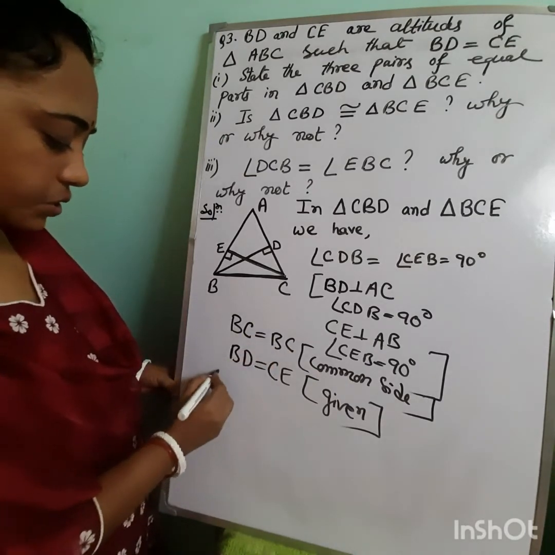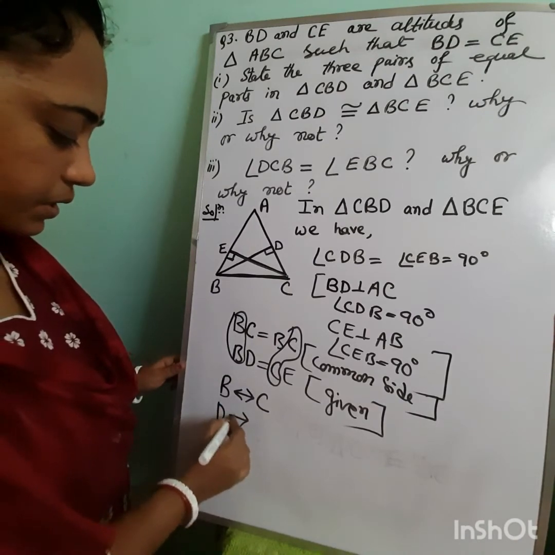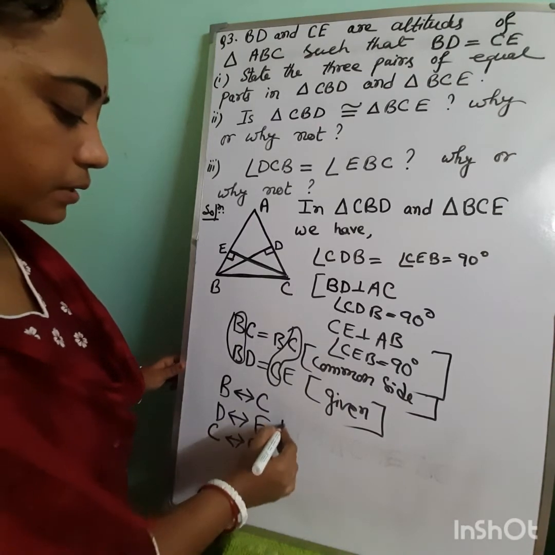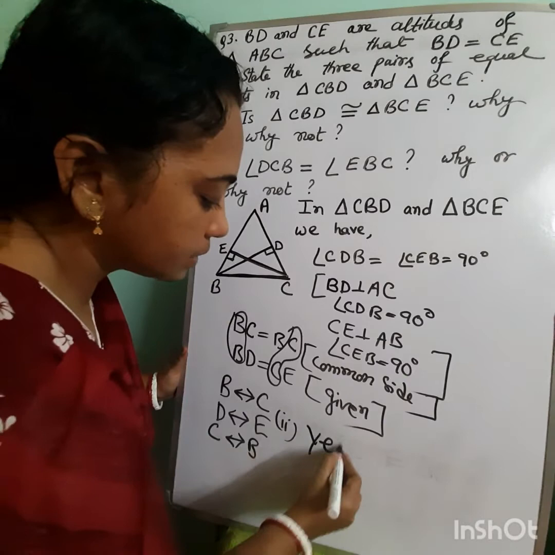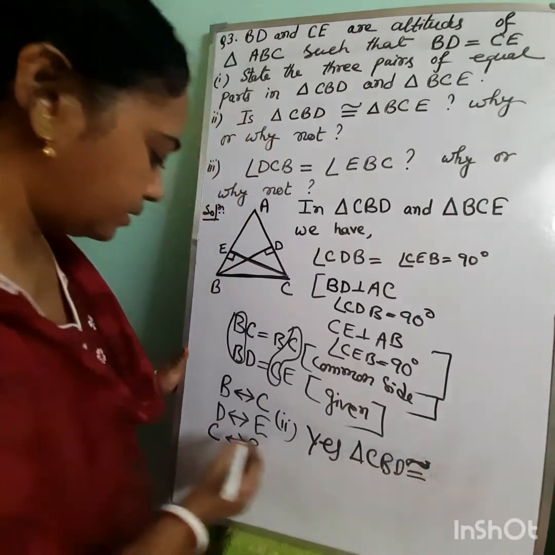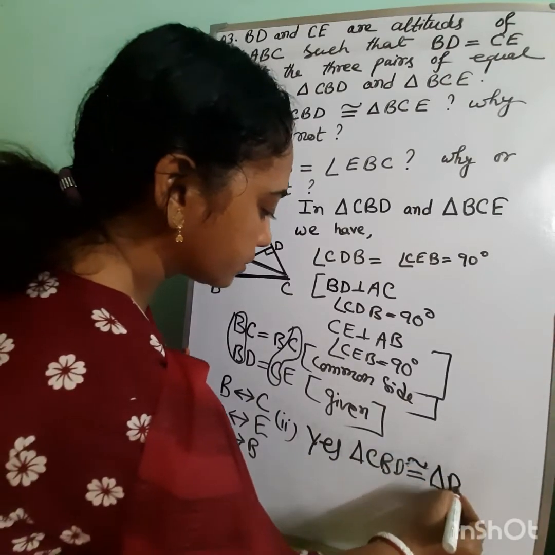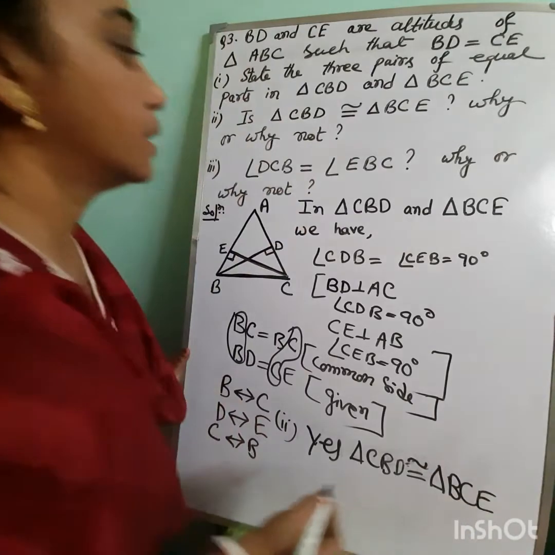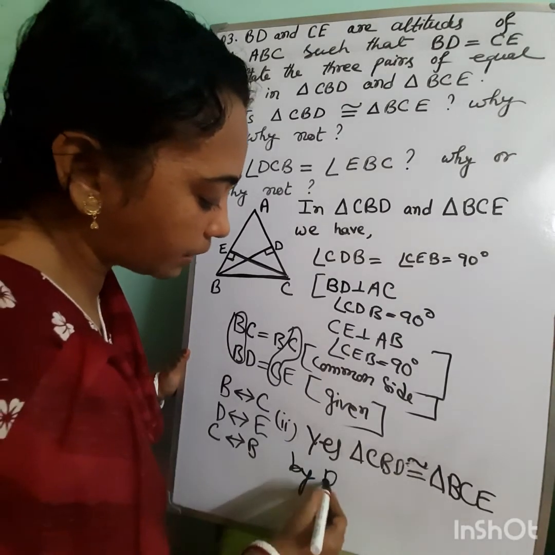So from these two equality relations, we can write B corresponds to C. Then D is left, so D corresponds to E. Then C corresponds to B. So the second question asked is: is triangle CBD congruent to triangle BCE? Yes, triangle CBD is congruent to triangle BCE, by which congruence criterion? By the RHS congruence rule.